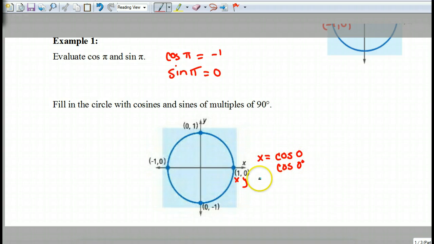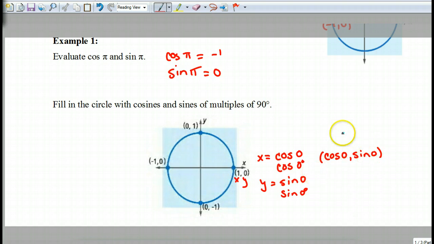And we can have a y of sine 0 in radians or sine 0 in degrees. So in other words, this value, (1, 0), can also be written out as cosine 0, sine 0, or cosine 0 degrees, sine 0 degrees.